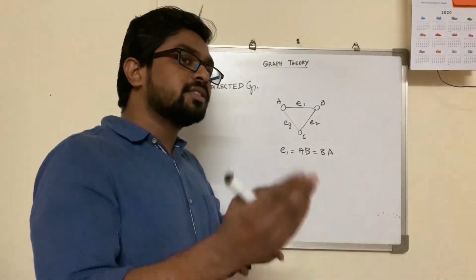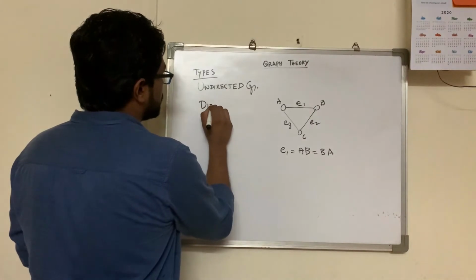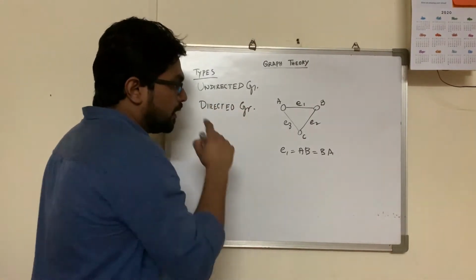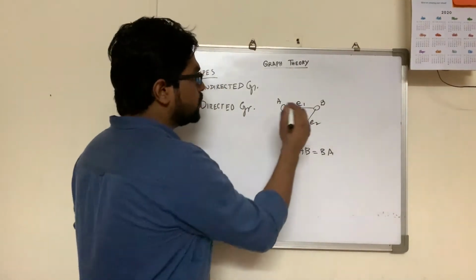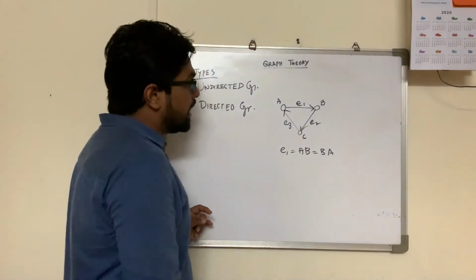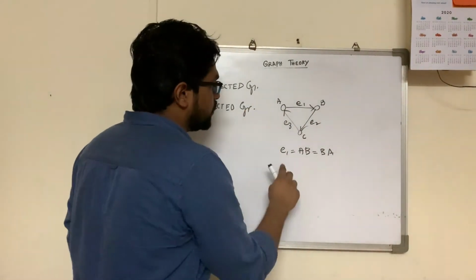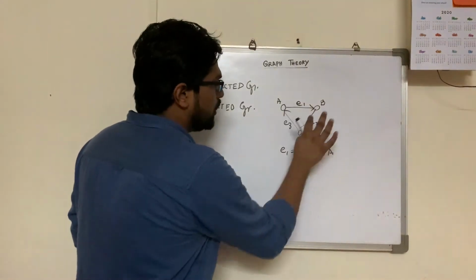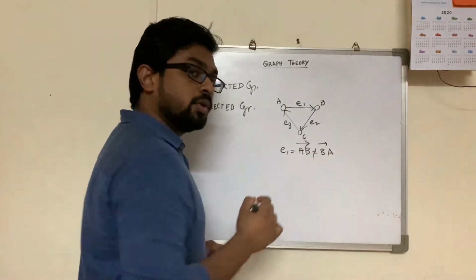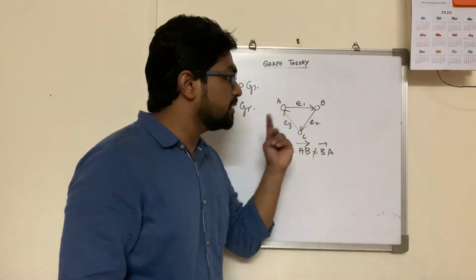Now let's talk about the second type of graph, the directed graph. In the same example, I will show you some directions. So the edges have some directions, and the same example changes a little bit. If I ask you now, you can go from A to B, correct? But is there a way from B to A? No, absolutely not. In fact, that B to A edge doesn't even exist in this graph.